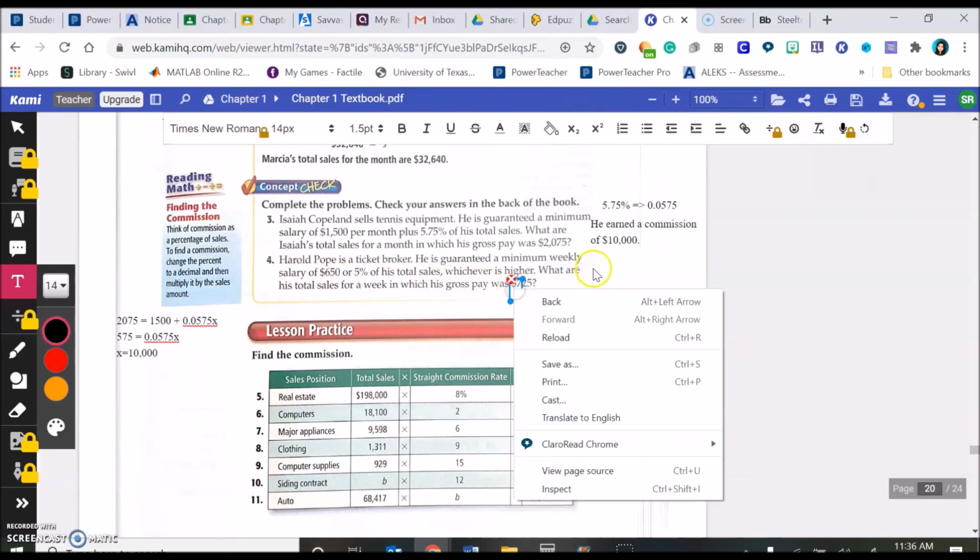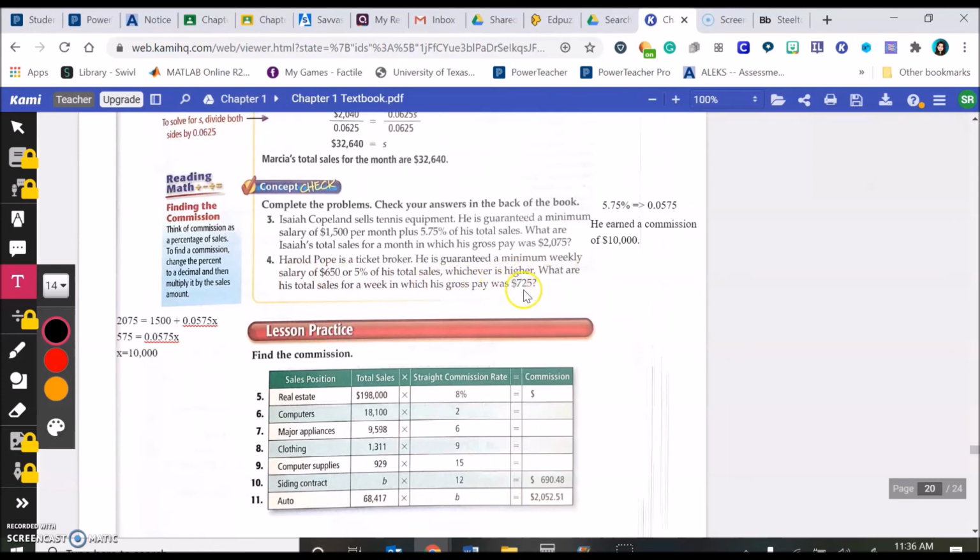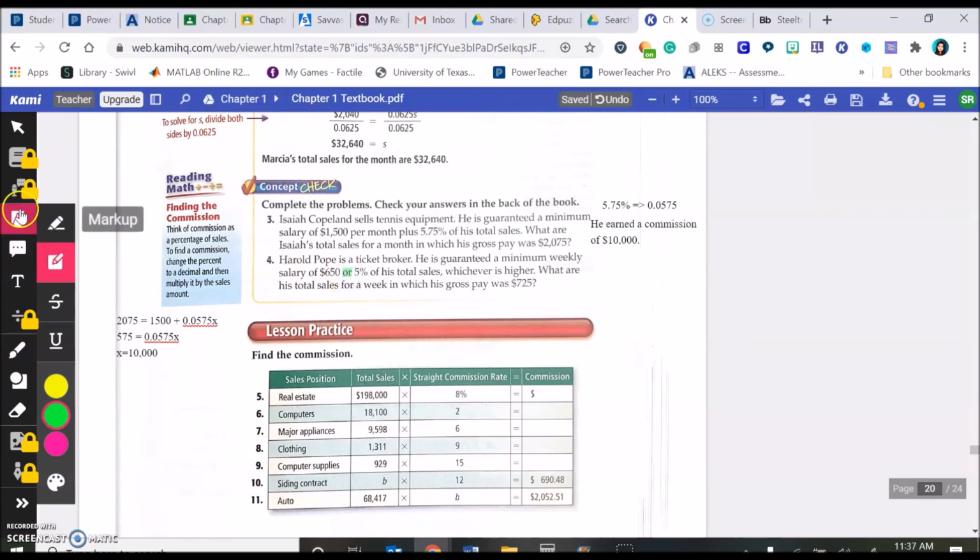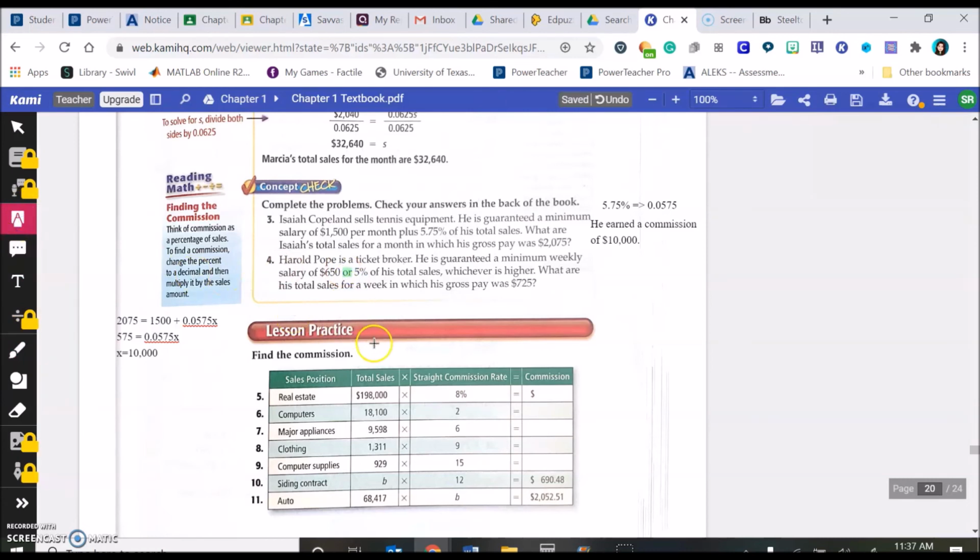The big word here is "or." He either earned $650, or he earned a commission on 5% of his total sales. Since his gross pay was $725, this means this was all based off commission.